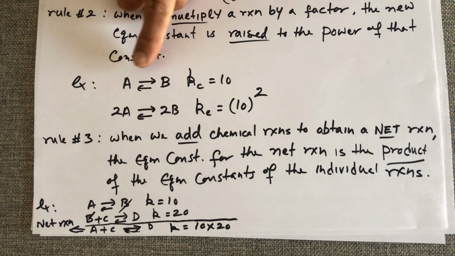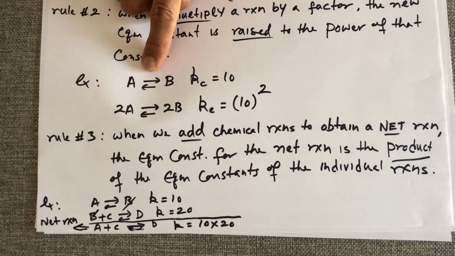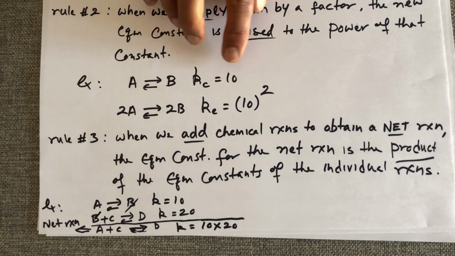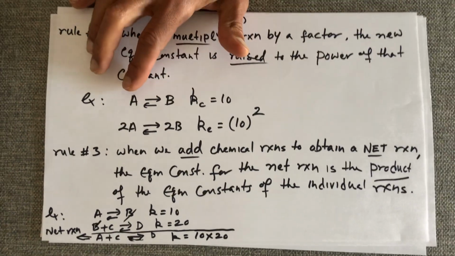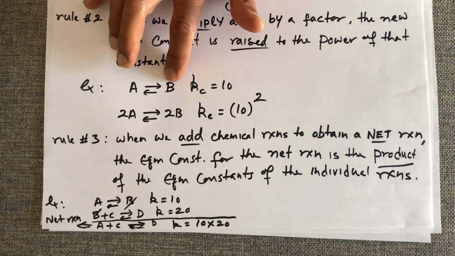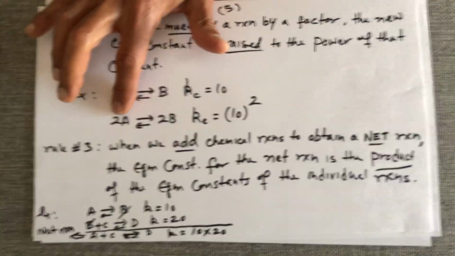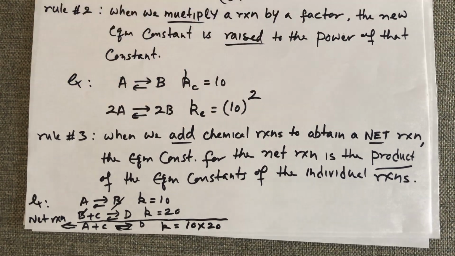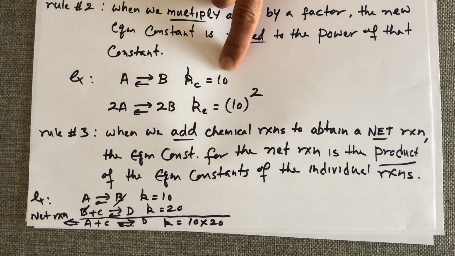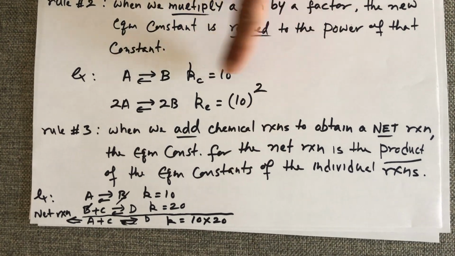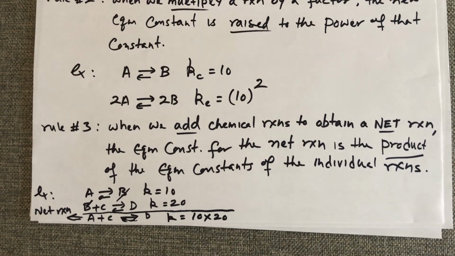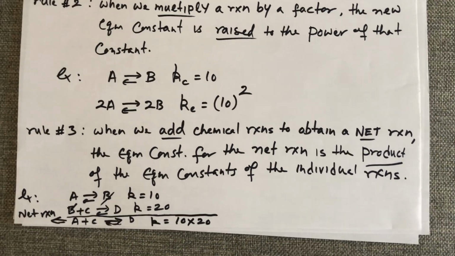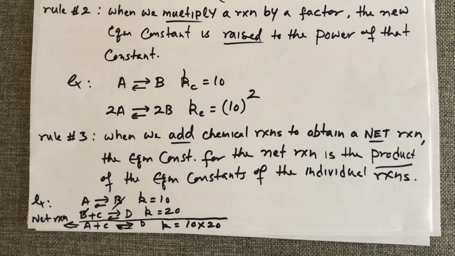So for example, if I'm using the same example, if A goes to B has a Kc equal to 10, and then we multiply through by a factor of 2, so now the new reaction is 2A going to 2B. The Kc for this new one is going to be the Kc for the old one raised to that constant factor, which is 2.